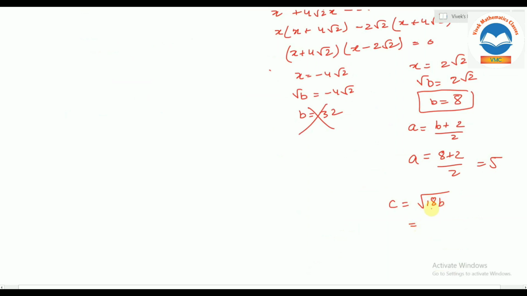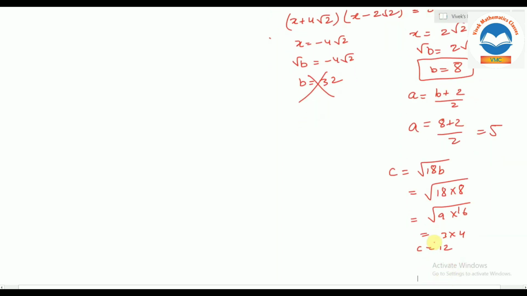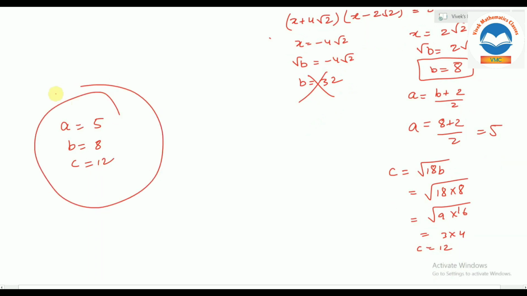So here root of 18 into 8, so this one we can write root of 9 into 16. So root of 9 will be 3 into 4. C value we are getting as 12. So we are getting A value will be 5, B will be 8 and C will be 12. Yes, sum of these three numbers is 25. Correct.